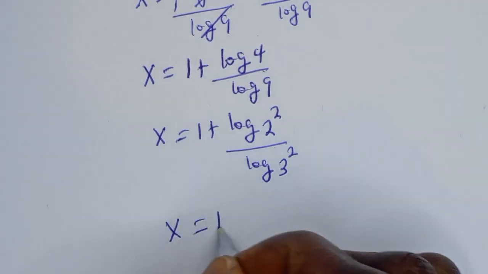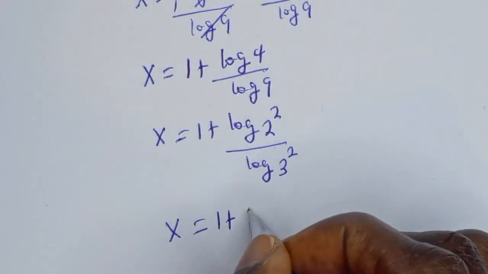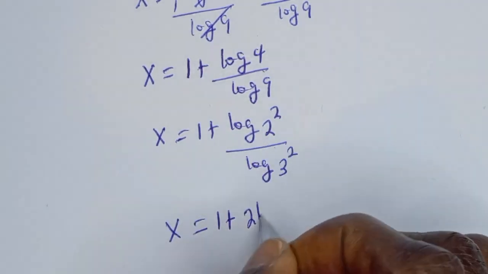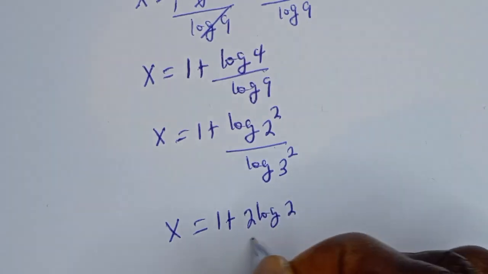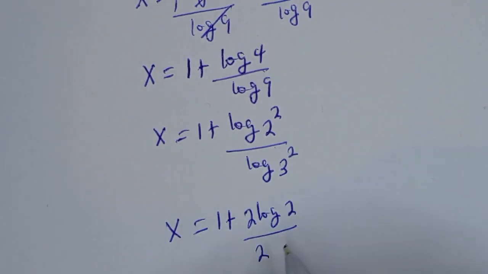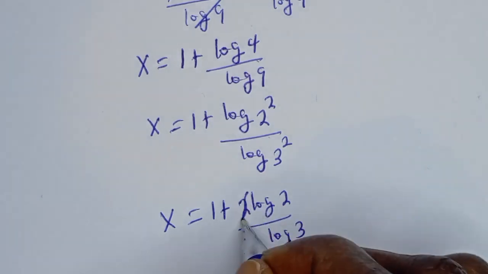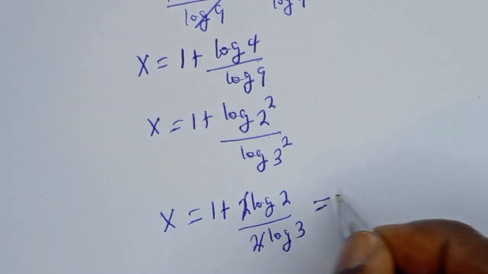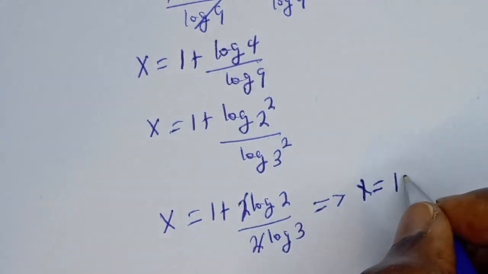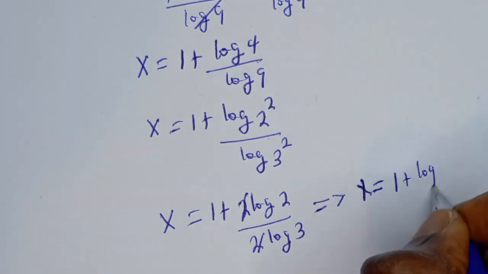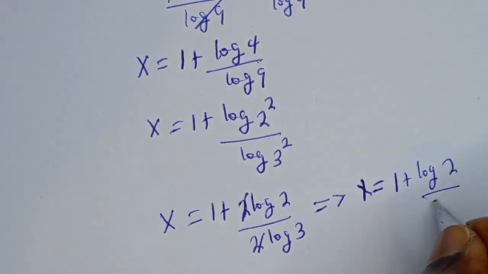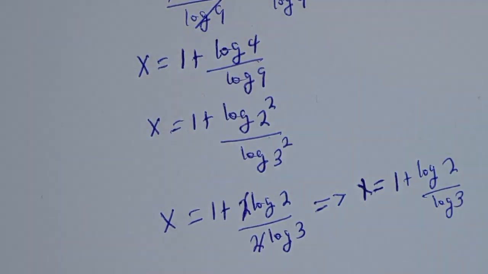S is equal to 1 plus 2 log 2 divided by 2 log 3. This will cancel this. S is equal to 1 plus log 2 over log 3.